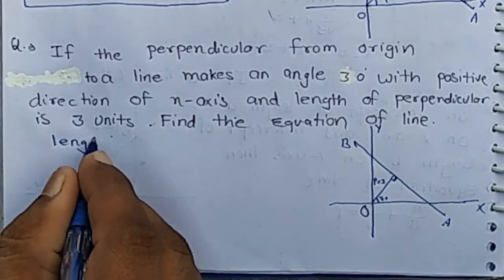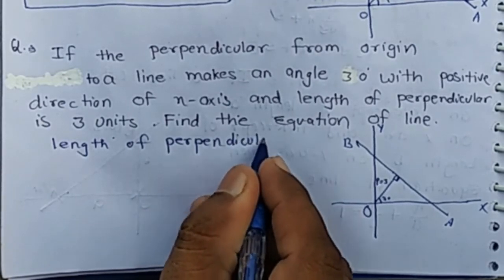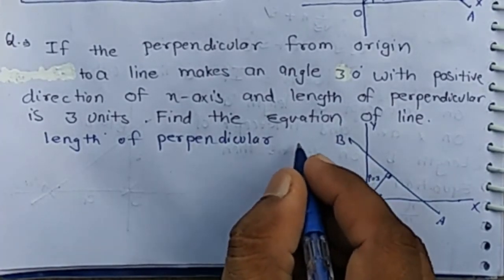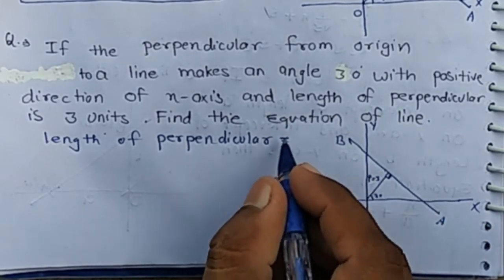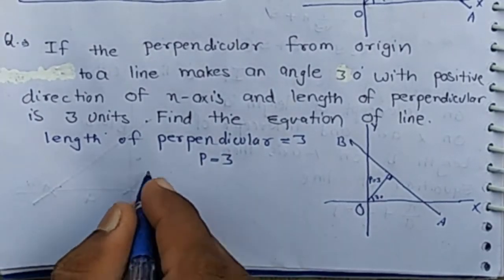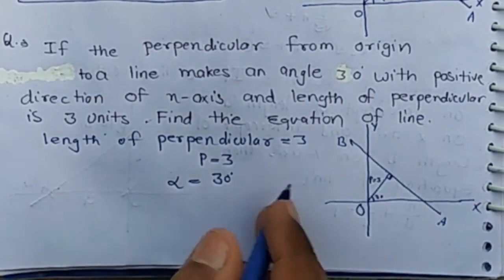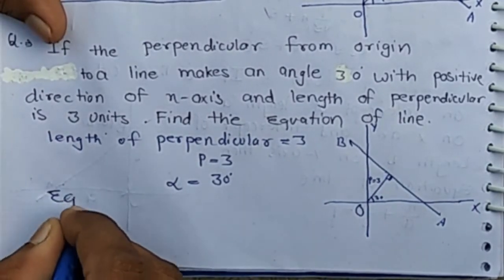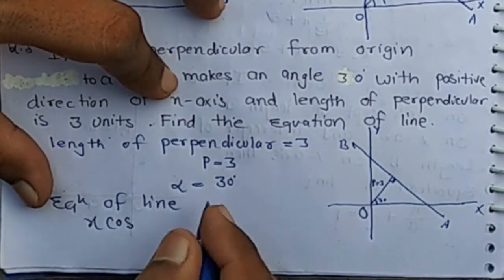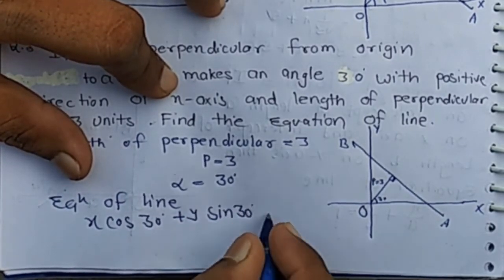The length of the perpendicular, that is the value of p, is given: p equal 3 units, and the value of alpha, the angle made by the perpendicular with the positive direction of x-axis in the anti-clockwise sense, is 30 degrees. Then the equation of the line is x cos alpha plus y sin alpha equal 3 units.